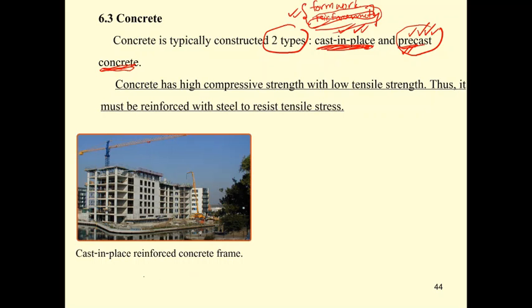So the cast in place concrete is shown here, and you may see some construction sites in our SUT area now in the form of cast in place. You can have a tower crane here that's going to lift a lot of things when you are moving things around the site.